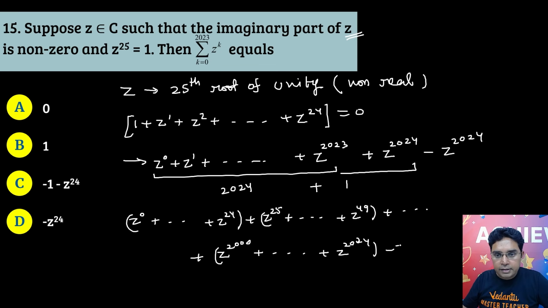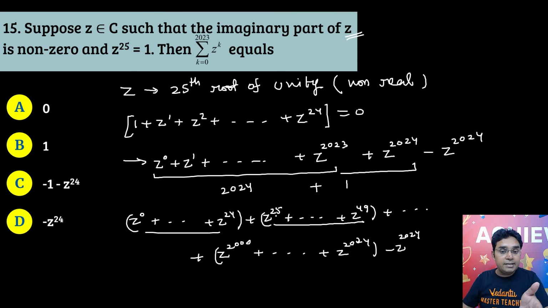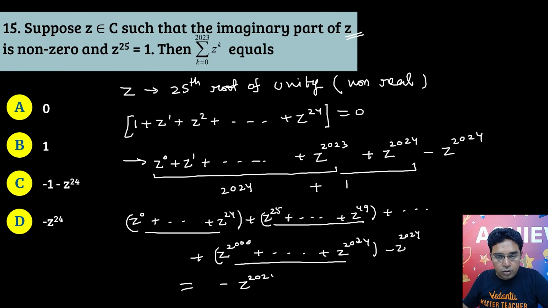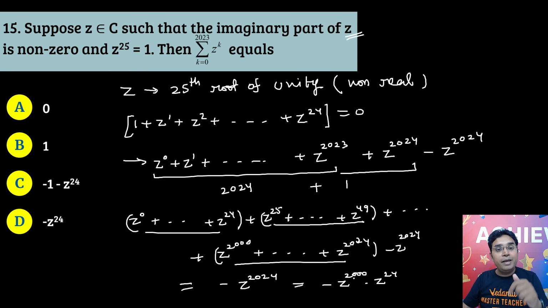It is not very difficult to observe that this will be 0, and this will also be 0, because you may take Z power 25 common, then the remaining thing will be 0, so the multiplication will also be 0. Same way this will also be 0. So we are left with just minus Z power 2024, which I can write as minus Z power 2000 into Z power 24. 2000 being a multiple of 25, this will become 1. So the answer here would be minus Z raised to the power 24, that is D.